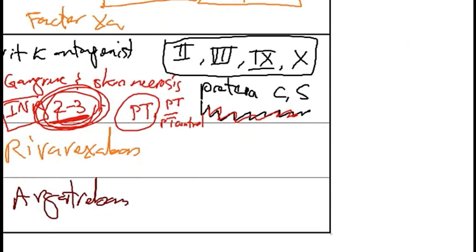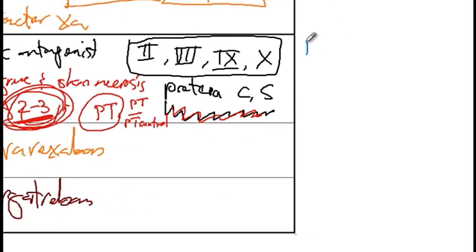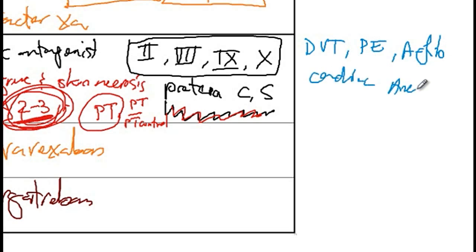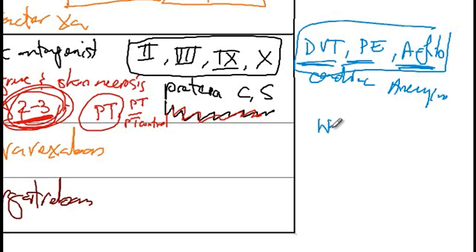And then the application of warfarin is usually for the treatment of DVT, pulmonary embolism, atrial fibrillation, as well as cardiac aneurysms. So if someone is at increased risk of DVT, PE, and AFib in an acute setting, you give them heparin. But once you discharge them home and you just want to make sure they don't develop any of these conditions in the next months, then you can provide them with warfarin.